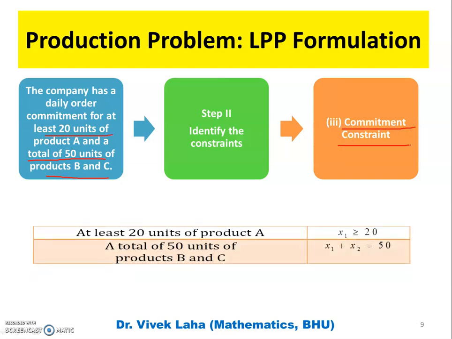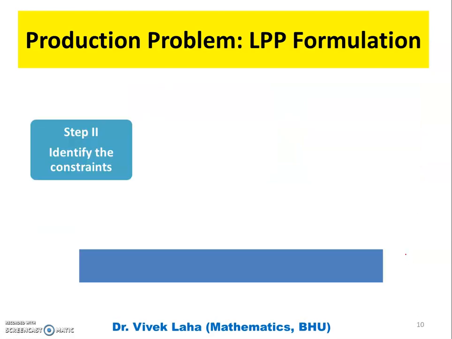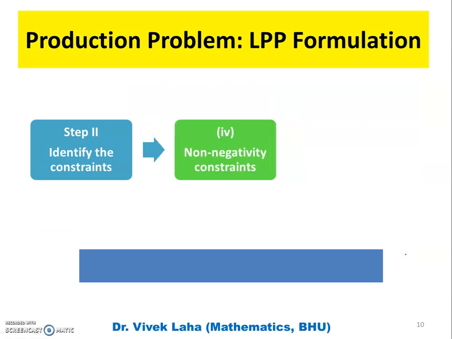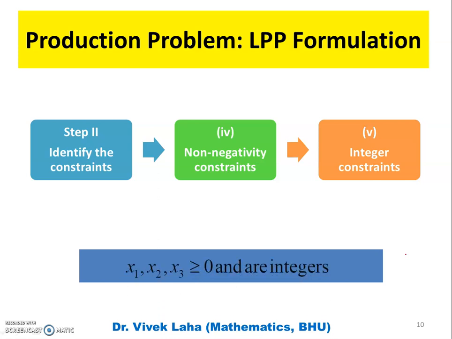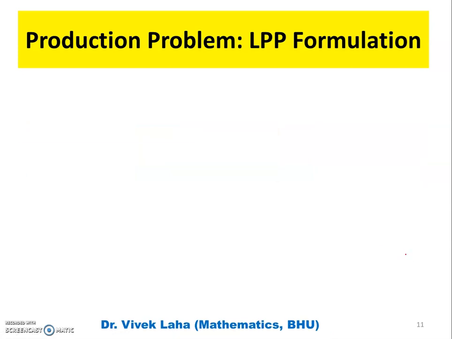As per the conditions given, the number of A should be greater than or equal to 20, and B and C together should be equal to 50. Also, the number of units cannot be negative, and it cannot be fractional, so it should be integral. So x1, x2, and x3 should be greater than or equal to 0 and integers.